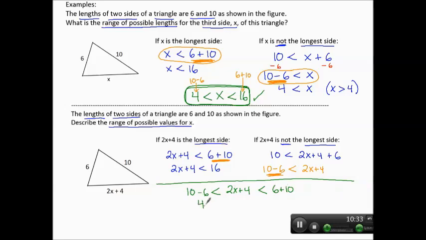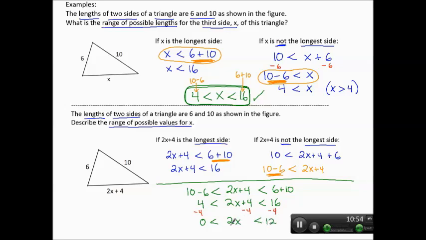10 minus 6 is 4. Simplifying both sides over here, and 6 plus 10 is 16. And now we'll solve the inequality by getting x by itself. Subtracting 4 from all three parts of the inequality makes 0 less than 2x less than 12.